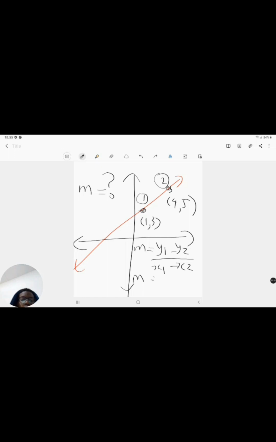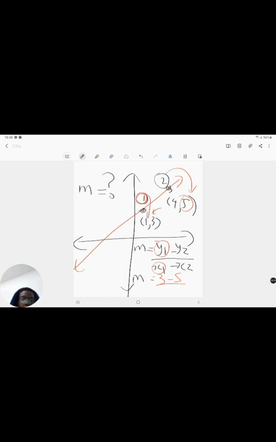Now, what is y1? Well, y1 is the y value at point number 1. Point number 1 is here. The y value is 3. Then minus, what is y2? y2 is the y value at point number 2, so that's 5, divided by, what is x1? x1 is the x value at point number 1.